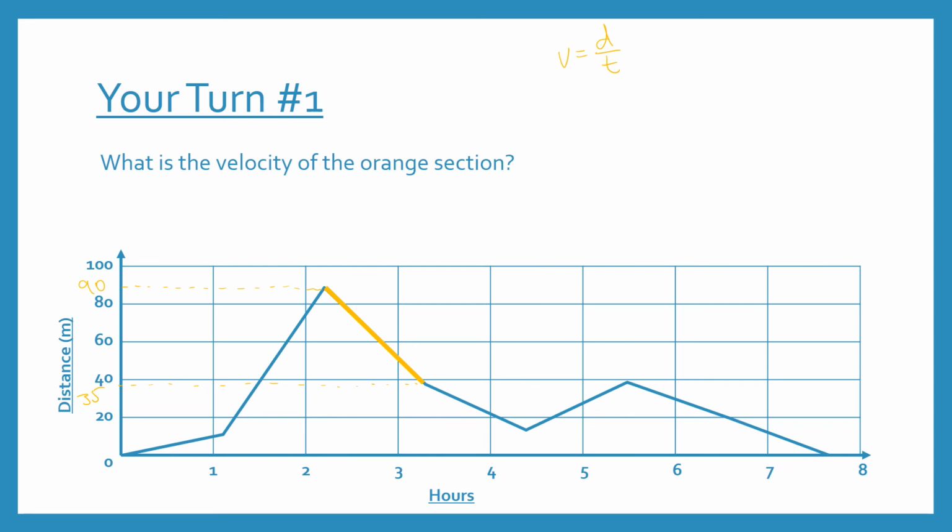So we're going to have a distance of 90 minus 35. And we're going to put it over our time. So our time, we go down here, we go from just after 2 to just after 3 hours. So we're going to say this is 1 hour. So we can then finish our calculation, and we're going to have 45. Remember our units, meters per hour.